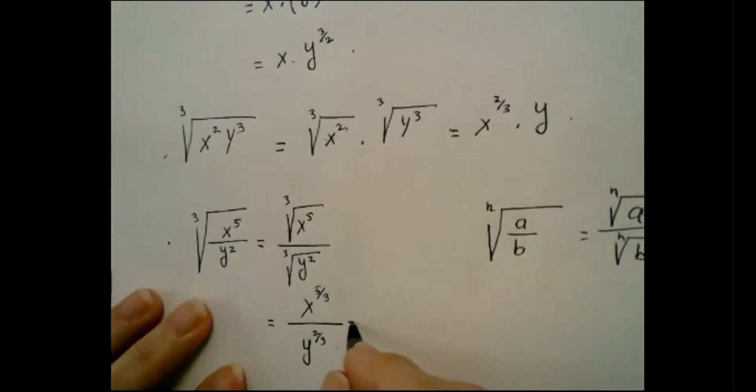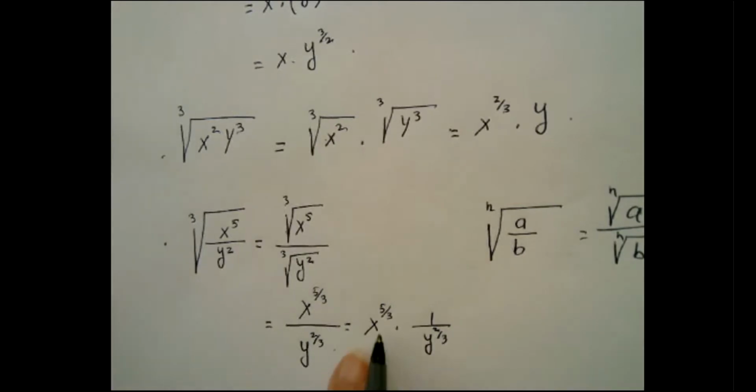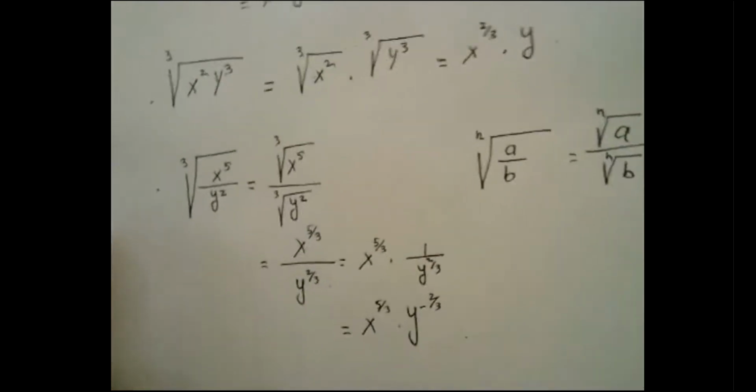At this stage, I'm going to rewrite it like that. So it is like times this, because that's how we multiply fractions. So it's the product of the numerator over the product of the denominator. Why did I do that? Because I am almost done. 1 over that is to the minus 2/3.